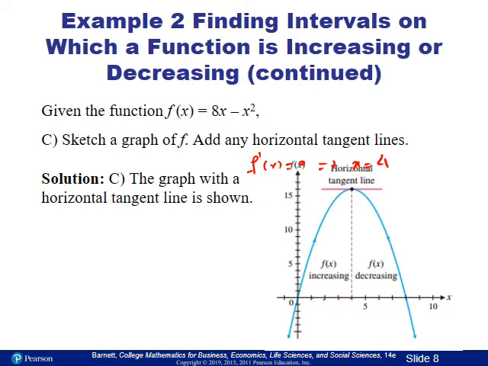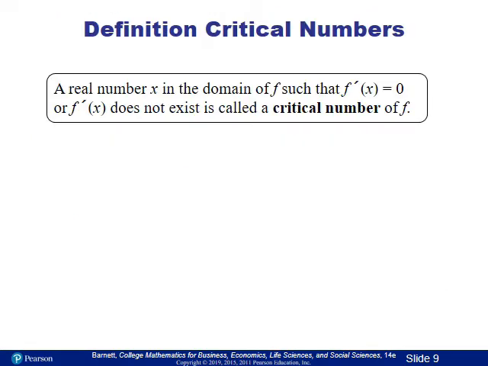This is the top of the function, and the horizontal tangent line exists at the point where x equals 4. So we draw a tangent line which is at the peak of the function. The graph with the horizontal tangent line is shown in red. Note the horizontal tangent line when x equals 4.